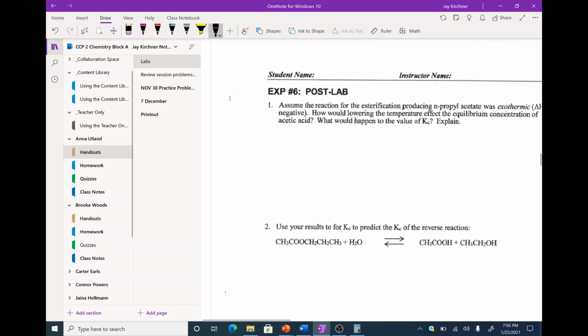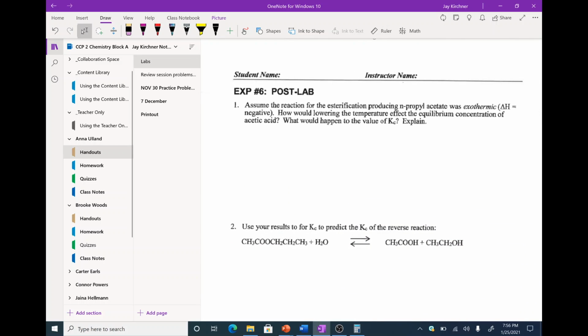Assume that the reaction for the survey was exothermic. How would lowering the temperature affect the equilibrium concentration of the acid? Well, very good. We're doing some Le Chatelier's principle here. So if it's exothermic and we have heat on this side, so we have our acetic acid plus our isopropanol, then we make our product plus heat.